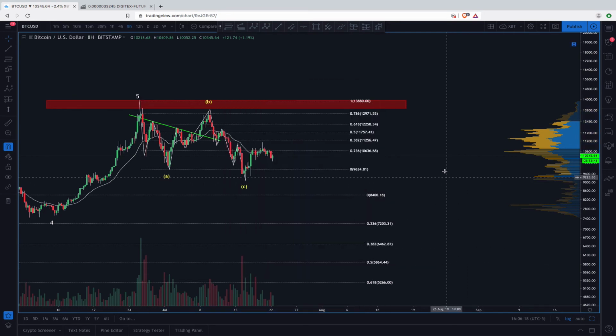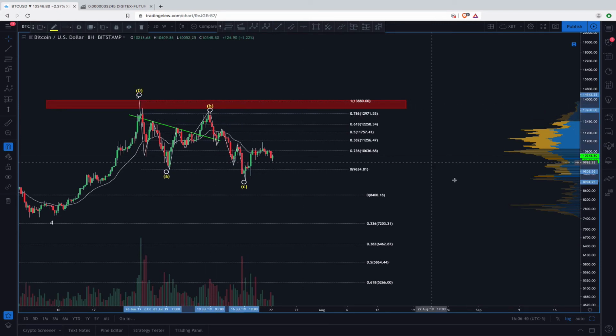What you would expect is for the B to be between the 618 and the 786. That's ultimately what we got. We never got a candle to close above this 786 level. We were between the 618 and 786. So that's a picture perfect B.